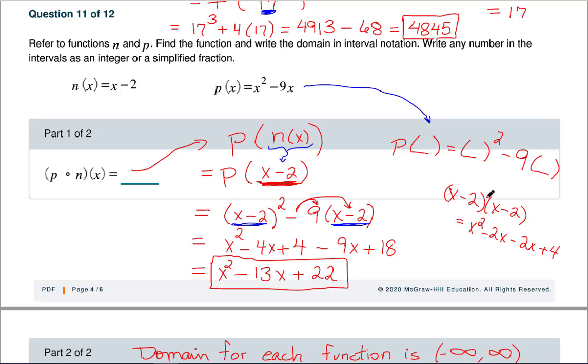All right, so when I square x minus 2, you have to work all of this out. 4 things to multiply. And so we get x squared minus 13x plus 22. And the domain here is everything.